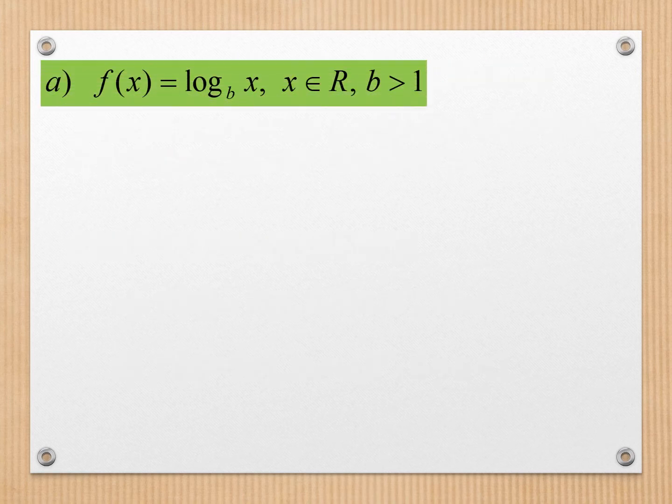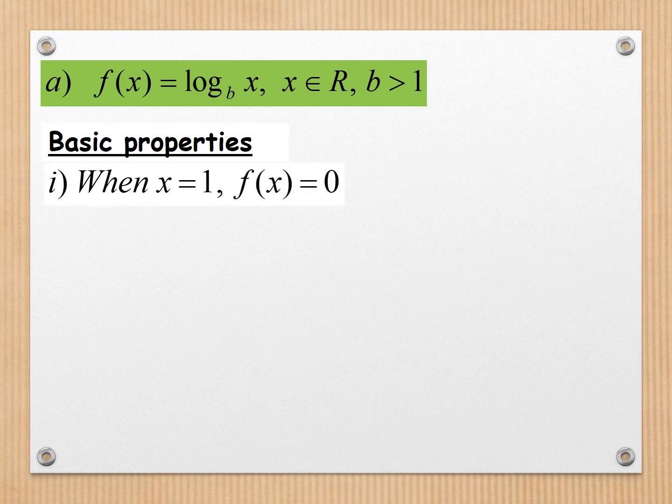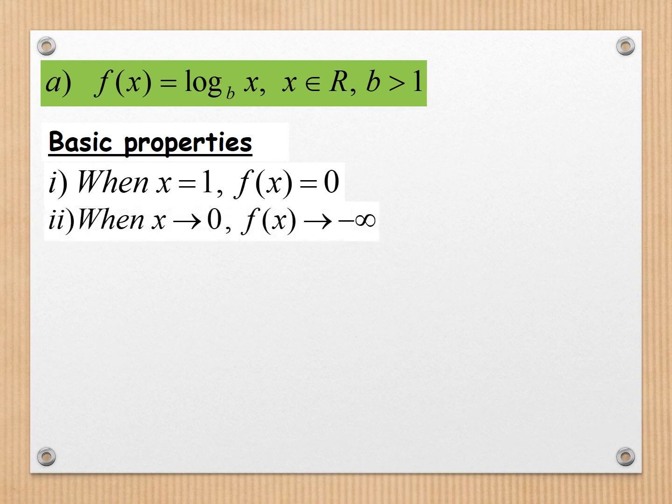The first basic logarithmic function A: f(x) equals log base b of x, x an element of the positive real numbers, b is more than 1. Basic properties are: the first one, when x equals 1, f(x) equals 0. This is actually the x-intercept. The second one, when x is approaching 0, f(x) is approaching negative infinity.